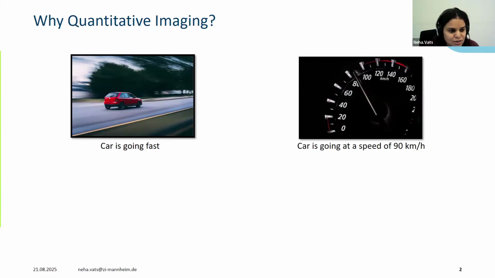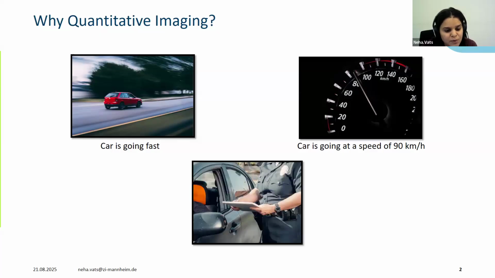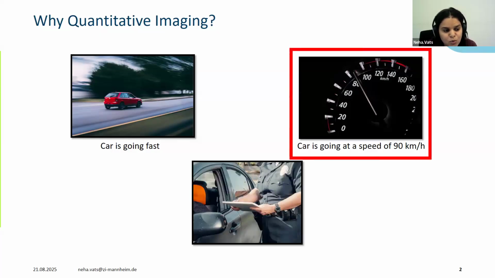Now the situation comes that you have to issue a speed ticket. Which information will be helpful for you to make a decision in issuing a speed ticket? Whether saying that the car is fast or having a quantitative value of speed with which the car was going. Obviously, in my opinion, it will be the second one, that is quantitative data. So we prefer quantitative over qualitative, right?